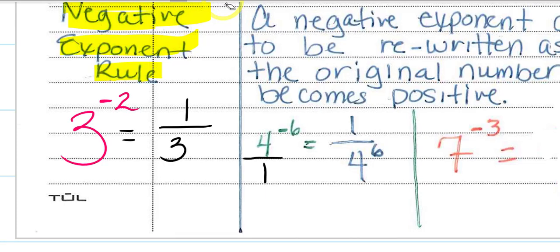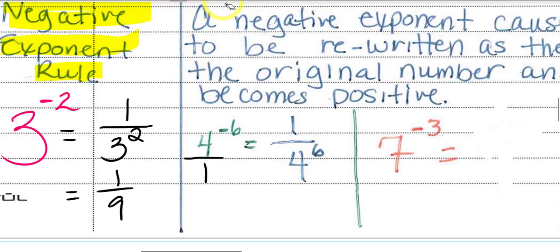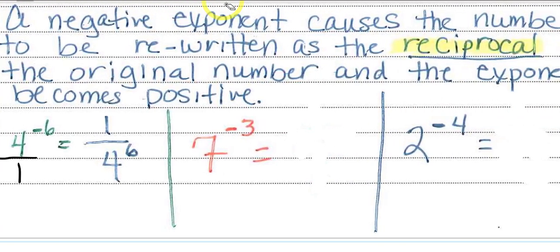And instead of a -2, because I'm moving it to the denominator, it now becomes a +2. Okay, and then I could expand that out as 3 squared, which is 3 times 3, so that would be 1/9. All right, but for now, let's just rewrite them and leave it in exponential form in the denominator.